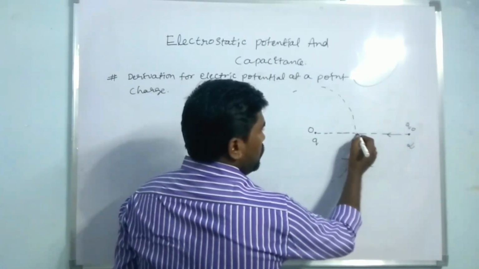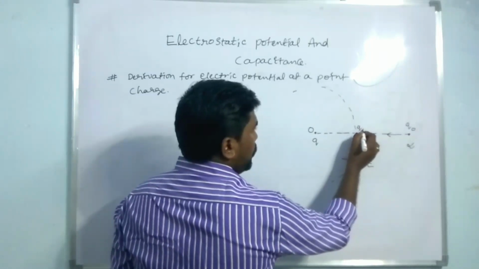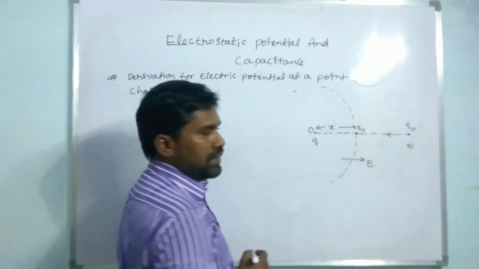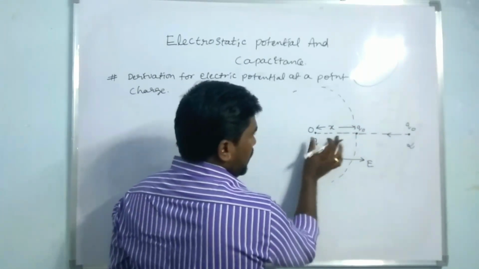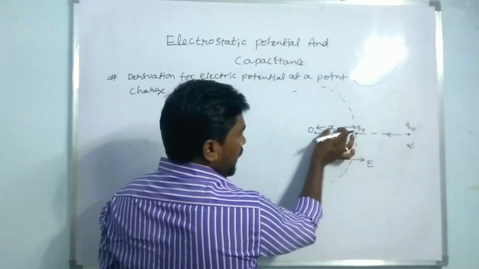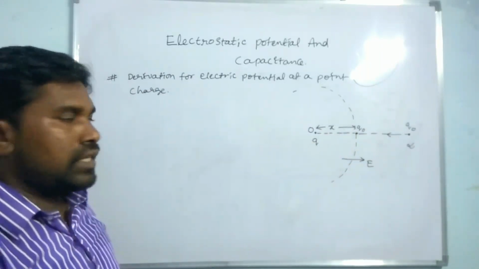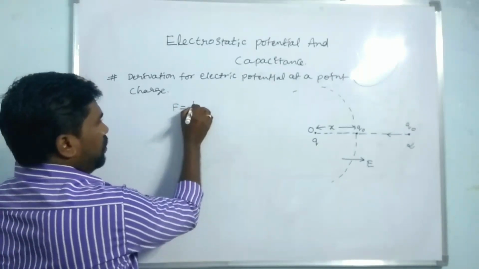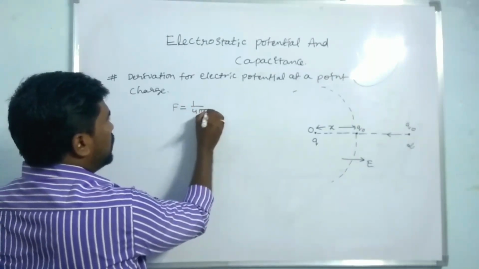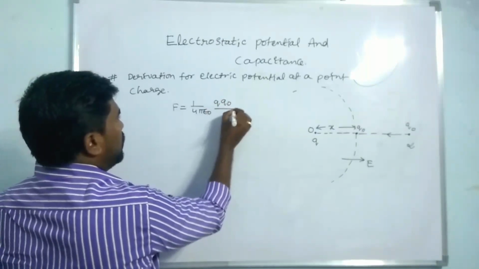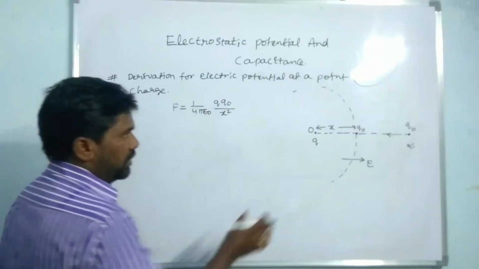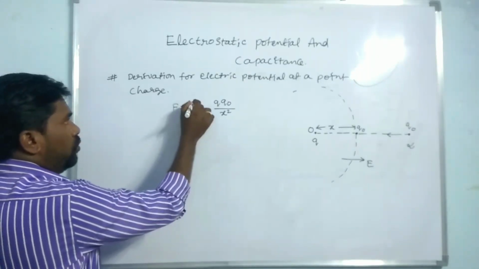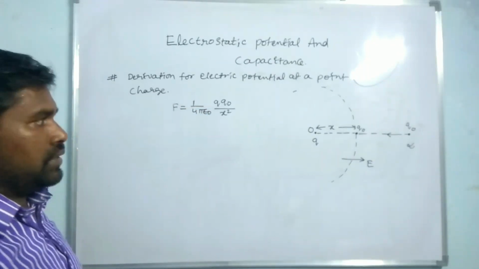Whenever we bring the unit positive charge Q naught from O to a distance X, if these two charges are separated by a small distance, there will be a force acting, that is F equal to 1 by 4 pi epsilon naught, Q naught by X square, where the distance is X. This force is the Coulomb force acting between these two charges.